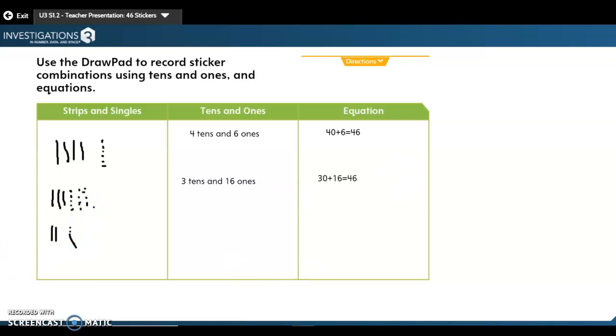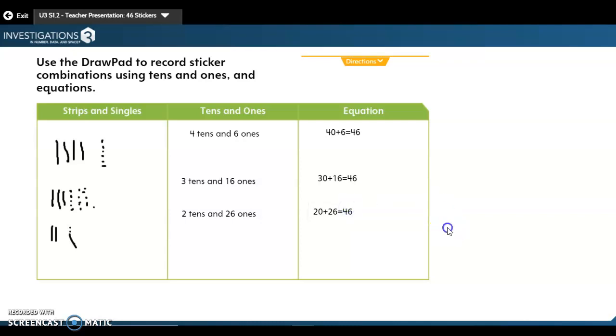We will show 2 10s and 26 1s. And that equation would look like 20 plus 26 equals 46. So we will move this down.